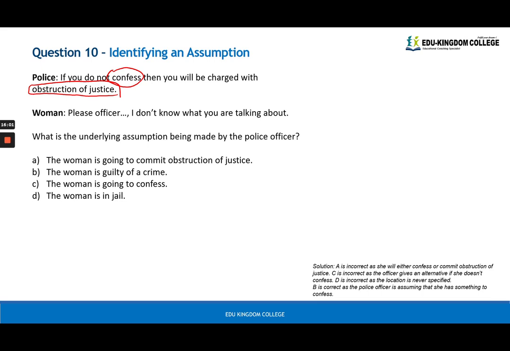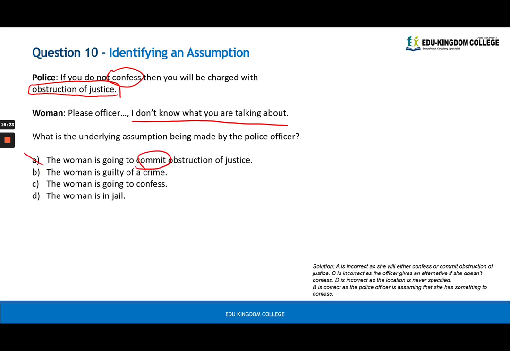So using that, we can look at the assumption list. A, the woman is going to commit obstruction of justice. So we don't know this, okay? The woman just says, I don't know what you're talking about, but there's no definite pathway or sign that shows us that the woman is actually going to commit obstruction of justice. So A is out.